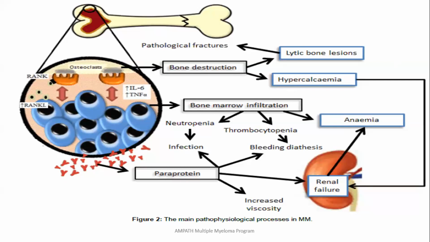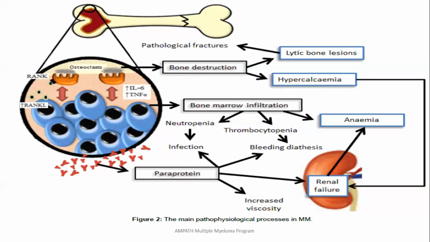These plasma cells cause an imbalance between bone formation and bone destruction, causing weakening of the bones, and therefore you may have a pathological fracture, a fracture that happens without significant force. Because of bone resorption, calcium, a component of bone, comes out and circulates in the system, and you'll have signs and symptoms of hypercalcemia. The same high levels of calcium might even cause more bone problems.